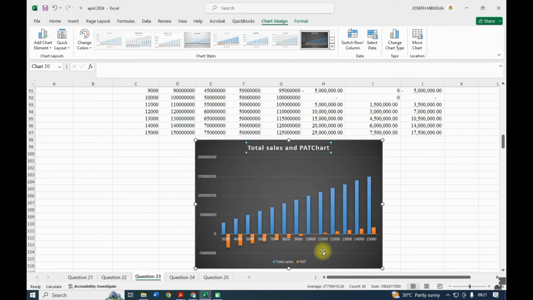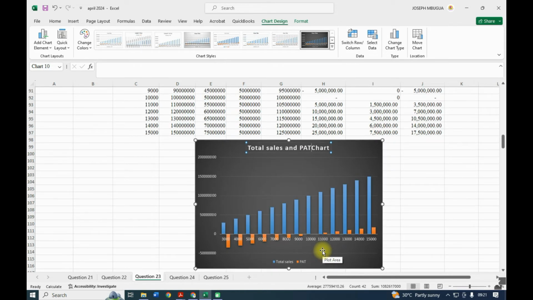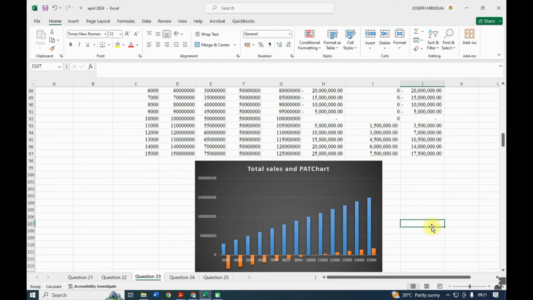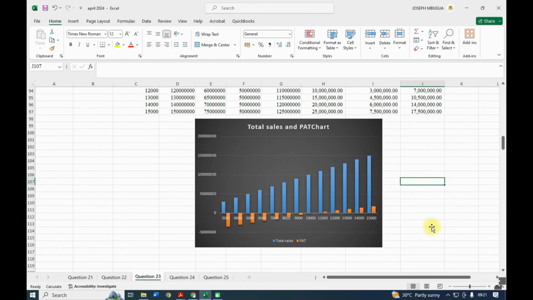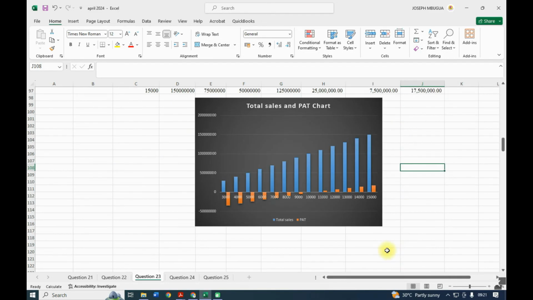So you'll find that during the first period we are making a loss, then during the others we are making a profit, although the margins are lower, but that is the chart that you are to include. Here are the units, and here are the profit and the total sales. So this one should be the PAT chart.